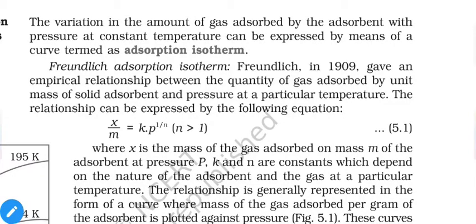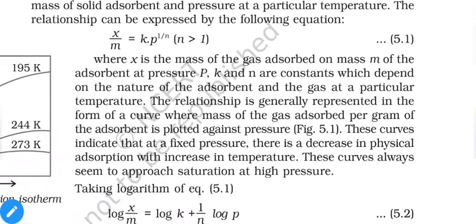Here x is the mass of gas adsorbed on mass m of the adsorbent at pressure p. k and n are constants, and they depend on the nature of the adsorbent and the gas at a particular temperature. That means these constant values will change with temperature. They are constant at constant temperature.